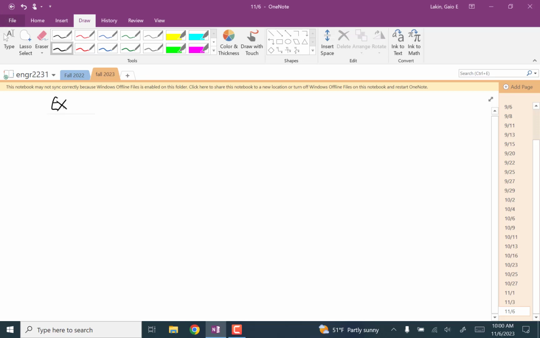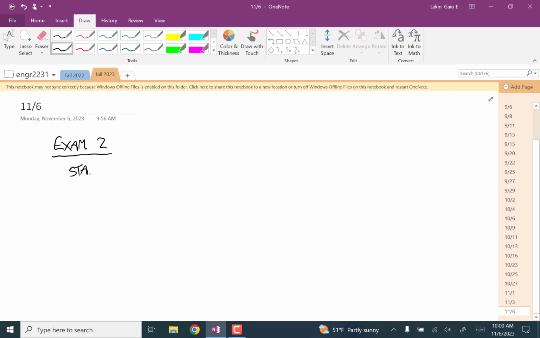So exam 2. We have saturated liquid water in a piston cylinder, and it starts with a volume.